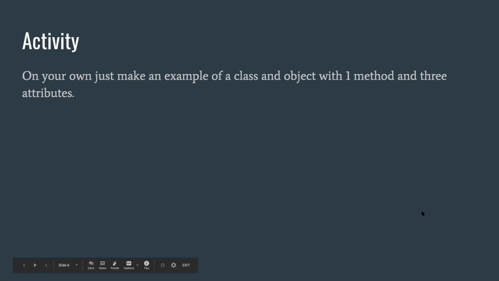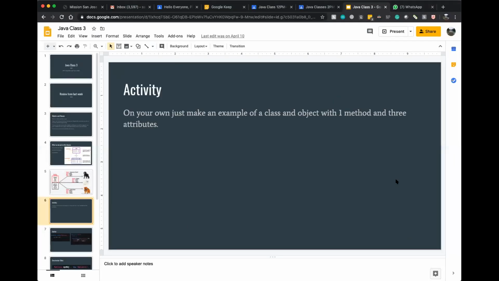So I want you guys to do the same thing that I did. Make your own. Give me a verbal example of a class and object. Just take like 30 seconds to think about that. Just create a class and an object. Yeah, so give me an example of that.